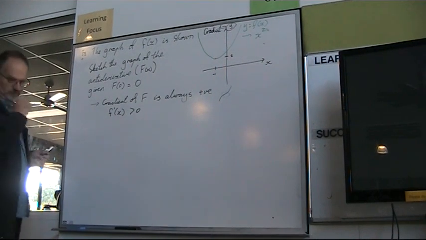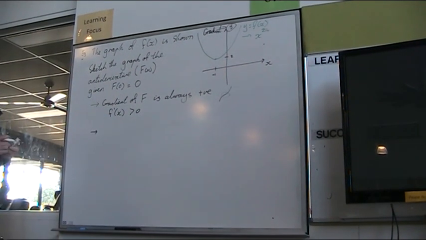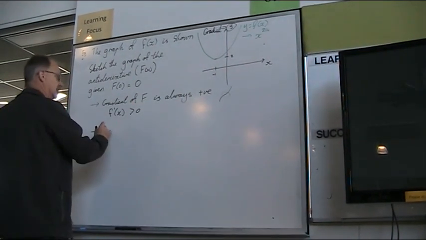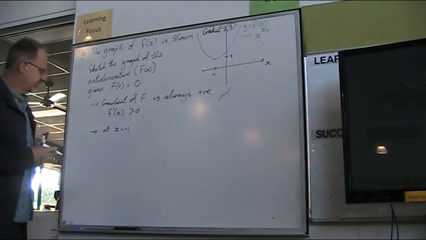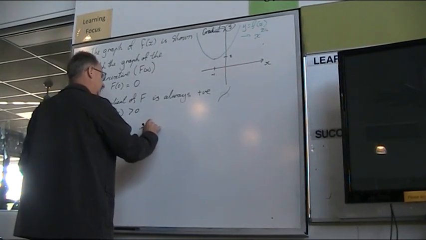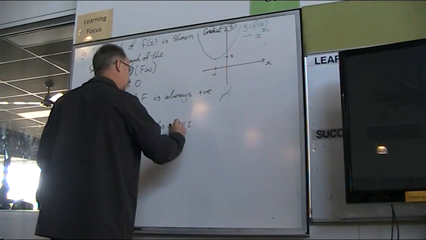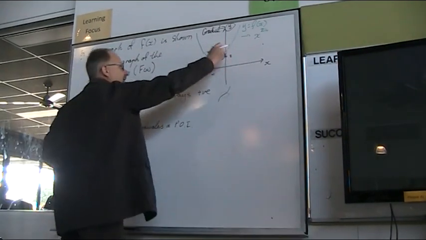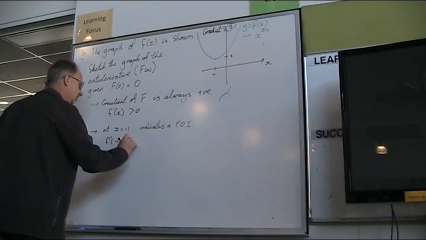Alright, so indicating a point of inflection at x equals -1. Now, in the mathematical sense, if this green line is our derivative, then f dashed -1 is equal to 2.